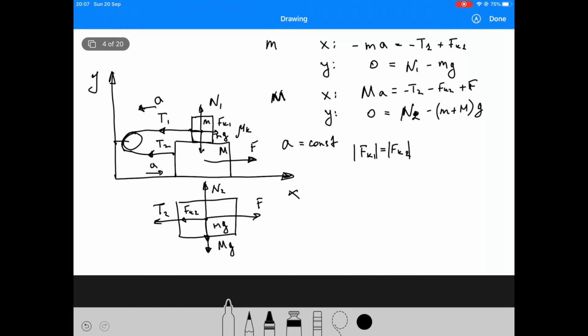And that's why we can get the final system of two equations for top body along axis X, and for bottom body along axis X. I forgot, also because of the third law of motion, T1 is also equal to T2 by absolute value.